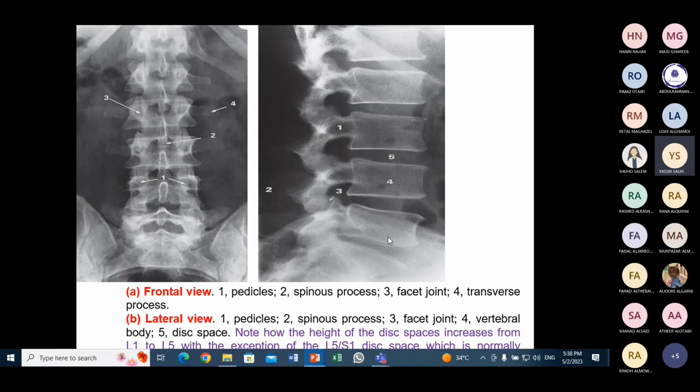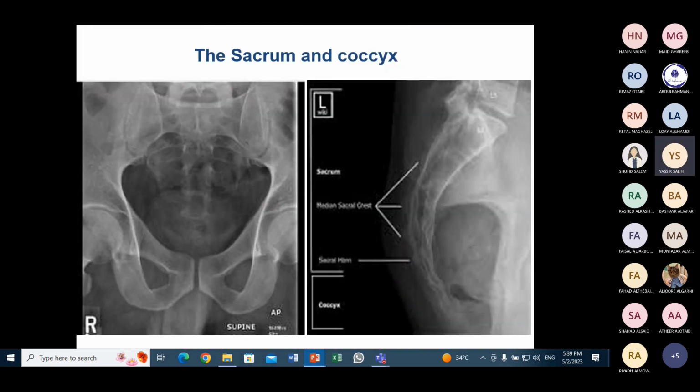Please take care of this: L5-S1 is normally narrow compared to the others. This is a lateral and this is an AP lumbar vertebral plain X-ray. The next part is the sacrum and coccyx. As we said, they are fused.